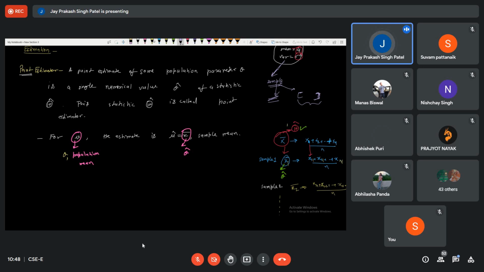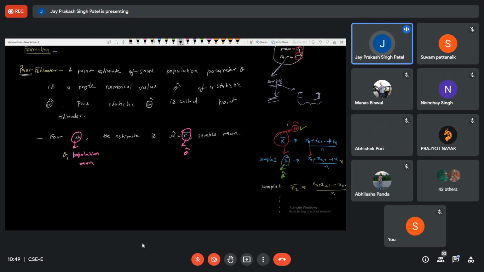So here x2 bar is another point estimate of the population mean mu. So you see, these are the realizations: x1 bar, x2 bar, x3 bar, x4 bar, right? There are infinitely many means you can get. Each time you draw a sample, you will have a mean. These means x1 bar, x2 bar are the realizations, and they are called point estimates.